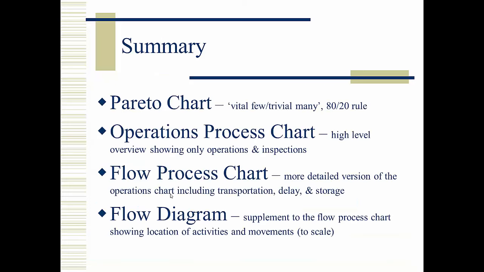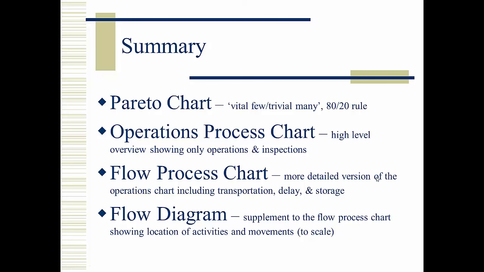Finally, to wrap up with a summary, we've talked about the Pareto chart, which helps us identify which of the many issues we should be working on to get the most problems resolved with the least amount of effort. We talked about the operations process chart, which is the 10,000-foot view showing operations, assemblies, and inspections. We talked about the flow process chart, which is the more detailed version. It includes transportation and delays.